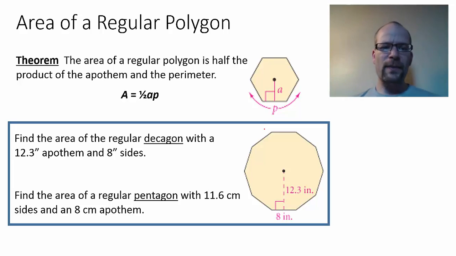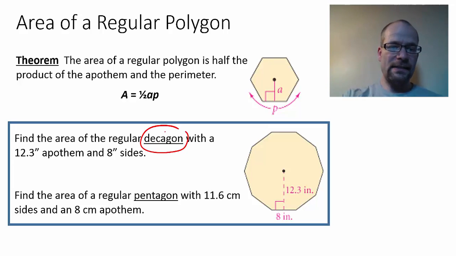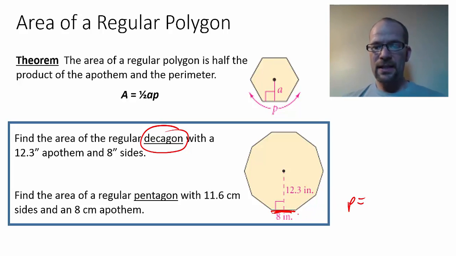It says find the area of a regular decagon, that's 10 sides, with a 12.3 inch apothem and 8 inch sides. So the sides are 8 inches, which means the perimeter is 10 times 8. Let's just write that down. Perimeter equals ns. Perimeter equals 10 because there are 10 sides, times the length of each side. So the perimeter is 80 inches.